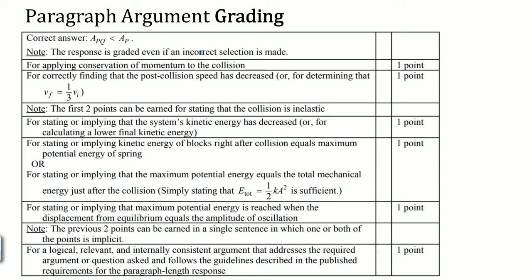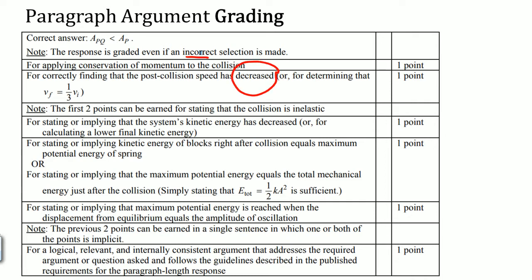Okay, there are some keywords in the way it's graded that should help you understand from the grader's point of view what they can give you. First of all, the response is graded even if you get an incorrect answer. They just want to make sure you follow your logic. Second, for correctly finding that the speed has decreased, so you have to show it's decreased.